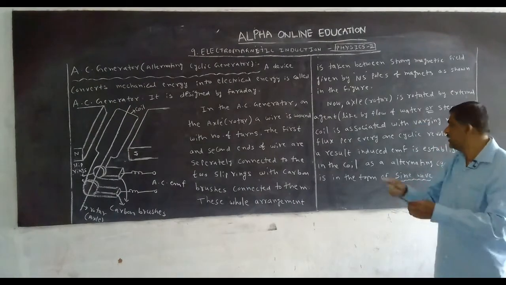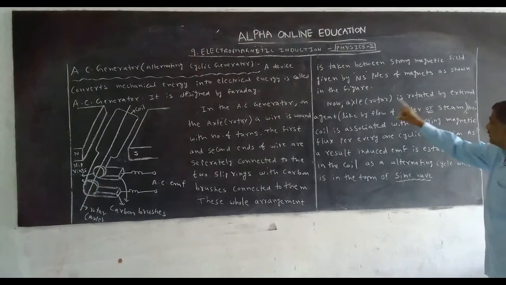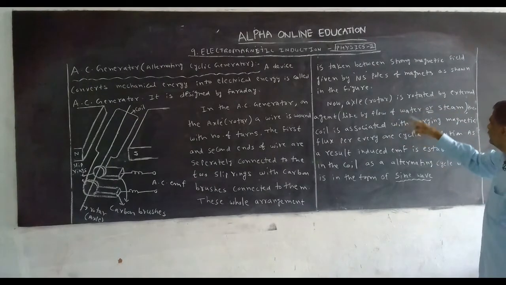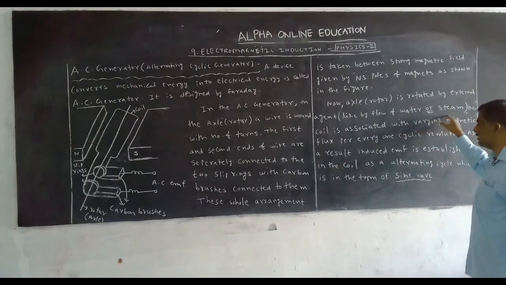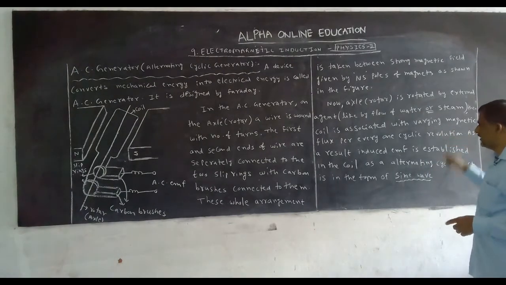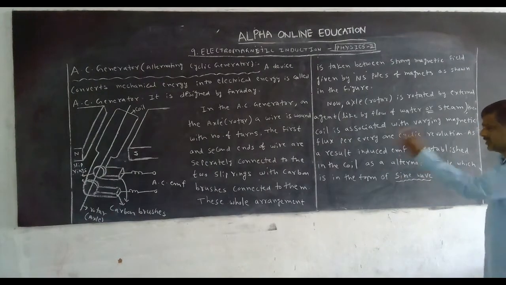Per every one cyclic revolution. The axle is rotated by an external agent like flow of water or steam. Then the coil is associated with varying magnetic flux per every one cyclic revolution.